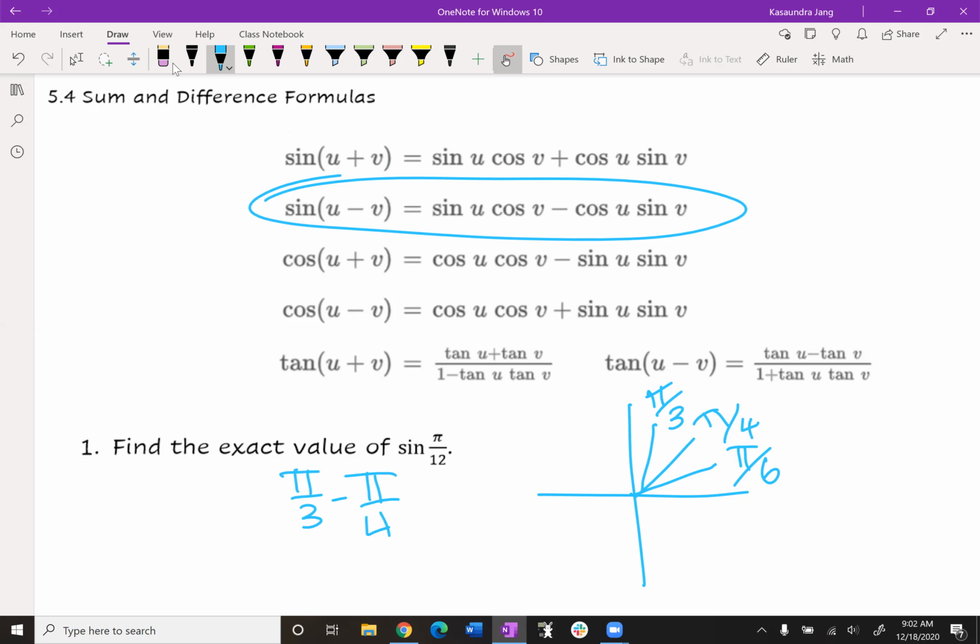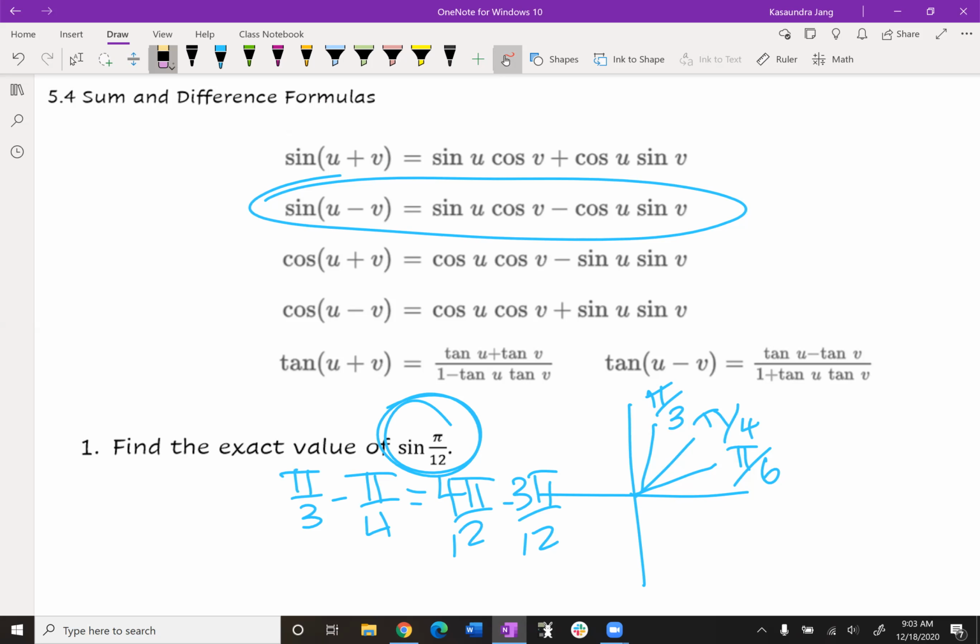If I get common denominators here, I turn it into 12ths. So this is 4 pi 12ths minus 3 pi 12ths. 4 minus 3 is 1. That gets me to my 1 pi 12ths. That's what I'm going for. So I think I'm going to do pi 3rds minus pi 4ths.